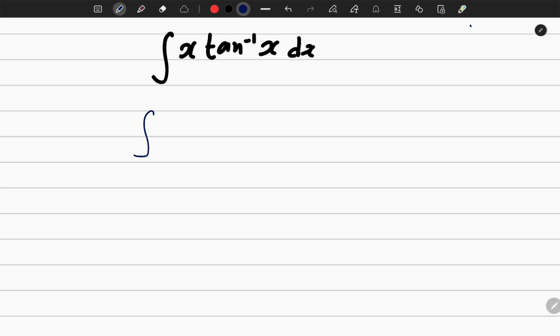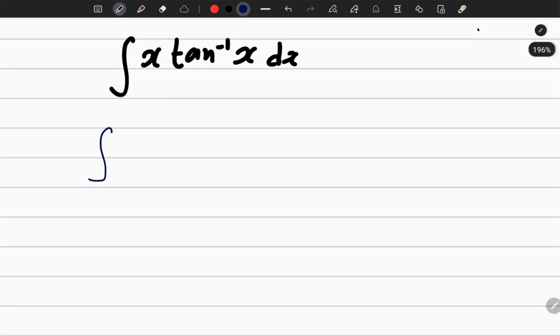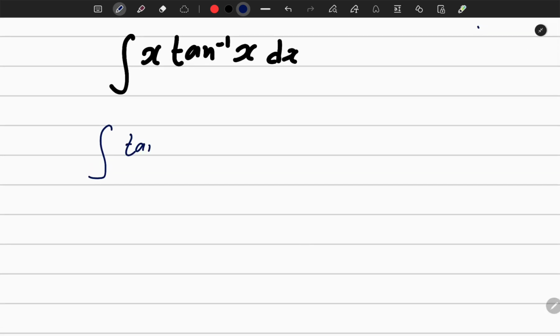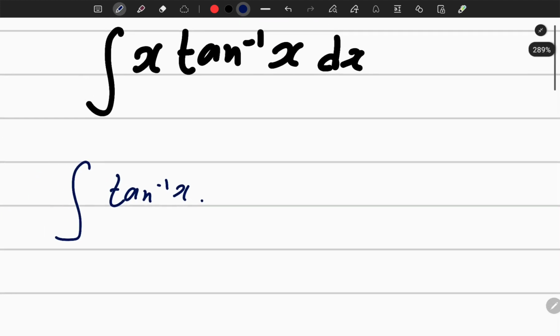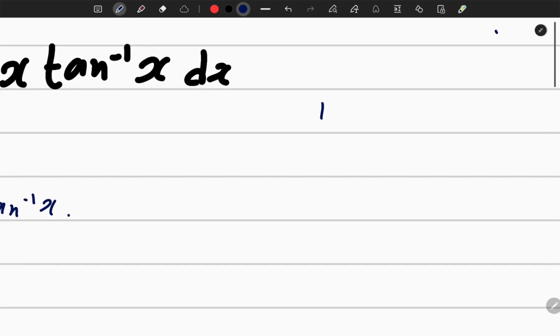I'm going to write this as tan inverse x times x, right? I know the differentiation of x square is 2x, right?